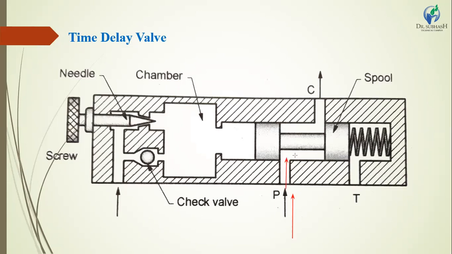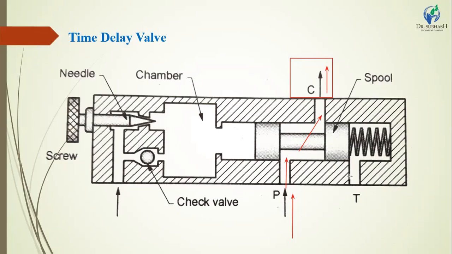At the next position, the port C is open, so the oil passes from port P through the time delay valve and exits to port C. At this time, the single acting cylinder is in an extend condition.